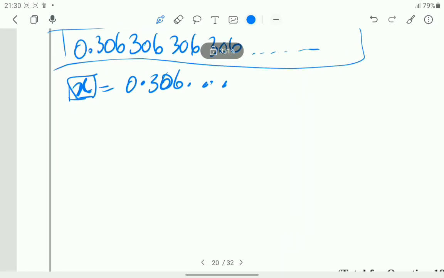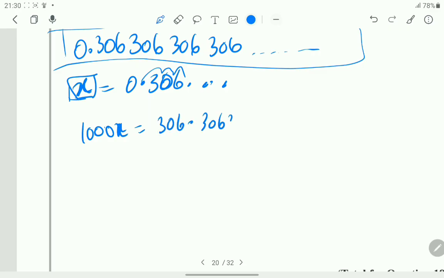Now that we have x and this indefinite sequence, we can shift it by three places: 1, 2, and 3. So it would be 1000x equals 306.306306, and so on.